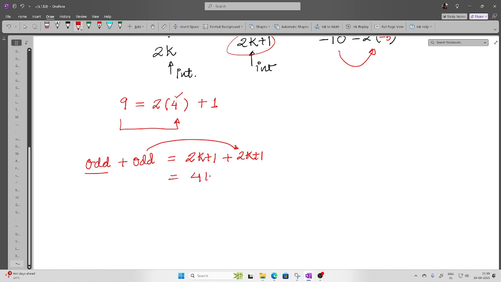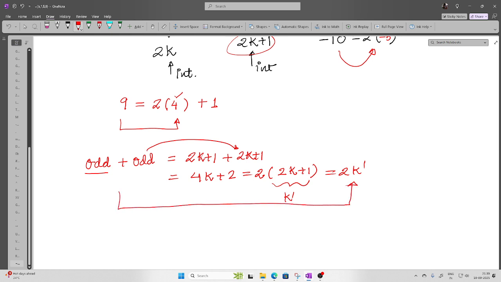This is 2k plus 2k prime plus 2. I can take this 2 common, so this is nothing but 2 times (k plus k prime plus 1). Now, k is an integer, and the sum of integers plus 1 is again an integer. So this whole is an integer, let's say k double prime. So this is 2k double prime. So odd plus odd follows the 2k rule, and hence it is even.